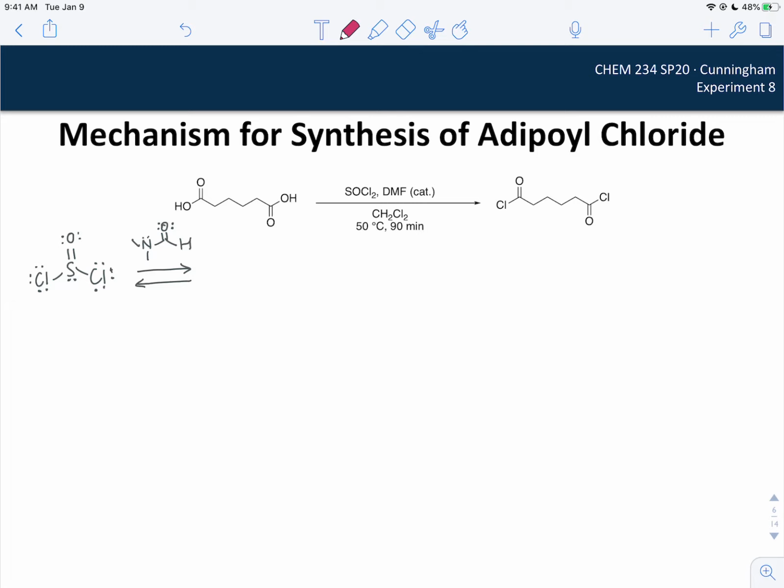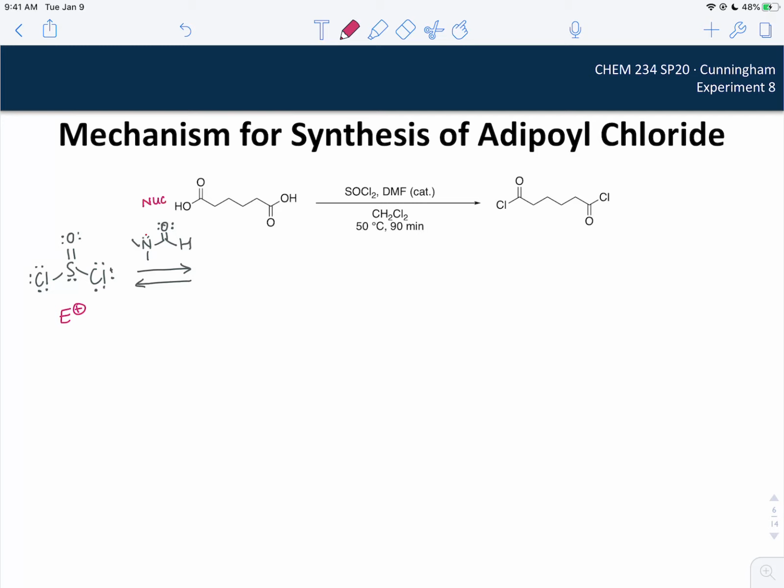So our electrophile, or E+, is going to be our sulfur atom of our thionyl chloride, and our nucleophile is going to be our oxygen atom of our dimethylformamide.